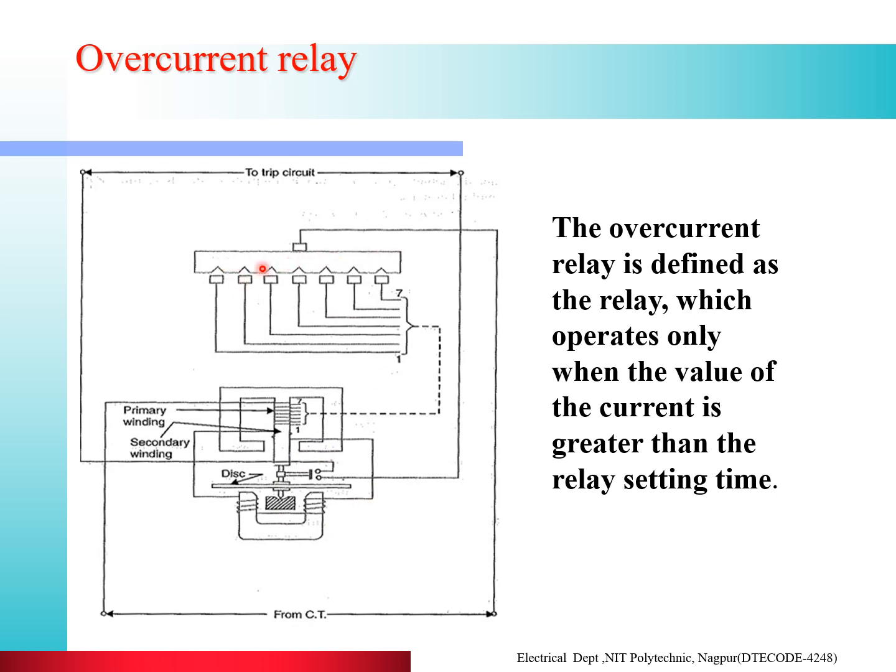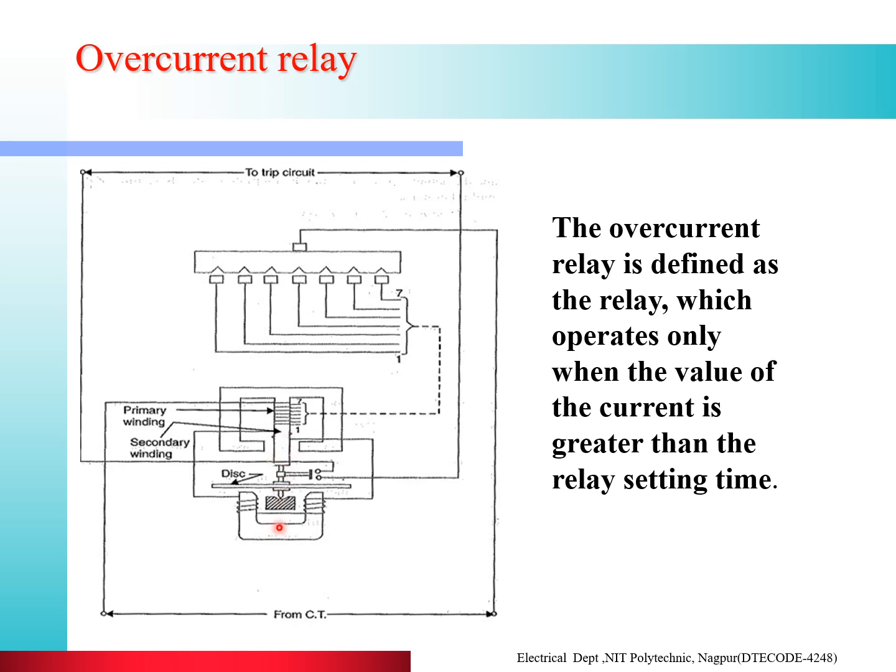This upper structure shows the plug setting multiplier. Here the tappings 1 to 7 are given on the primary winding so that you can adjust the relay current setting. Basically, this relay works on the watt-hour meter structure.